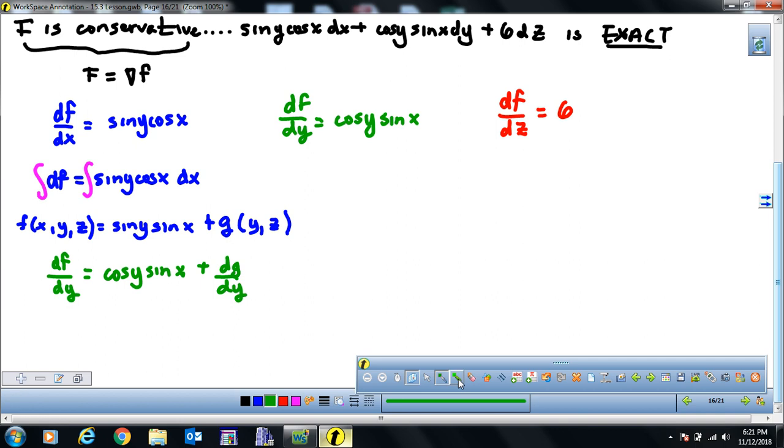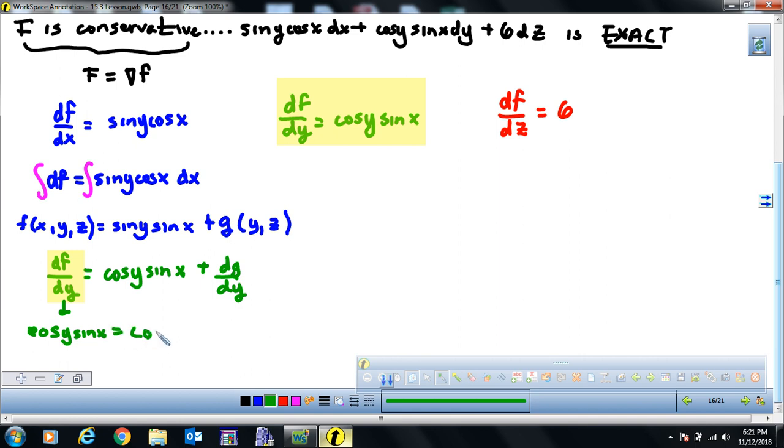And we already know that the derivative of the potential function with respect to y equals that, so we're going to substitute it. So we get cosine of y sine of x equals cosine of y sine of x plus the derivative of g with respect to y. And you see that we're going to get that the derivative of g with respect to y is going to be equal to 0.